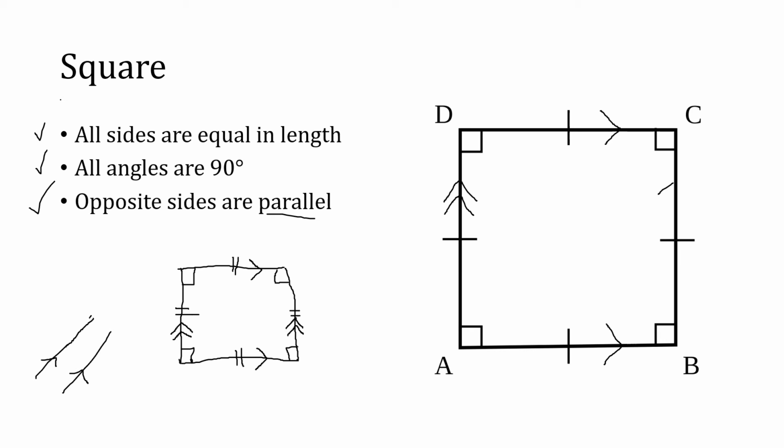But with all the angles being 90 degrees, the parallel nature of the opposite sides is built into the structure of the shape. But anyway, that's that for the square, so let's move on.